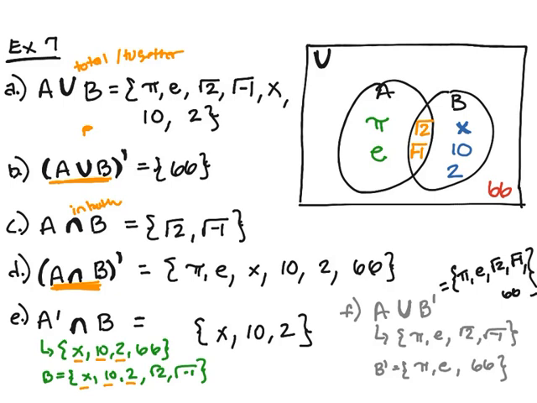So with it being union, you got to include all of it. So that would be your pi, your E, the square root of 2, the square root of negative 1, and the 66. I just don't repeat the pi and the E, because I already have it listed one time. So it will include what they share.